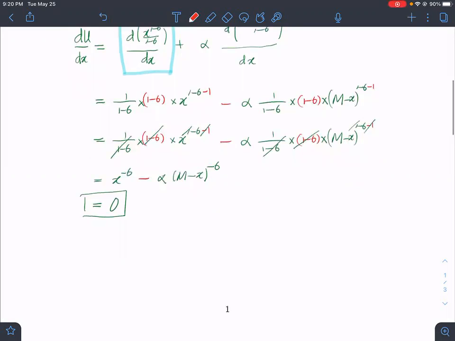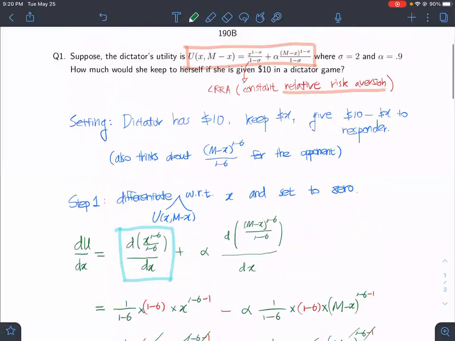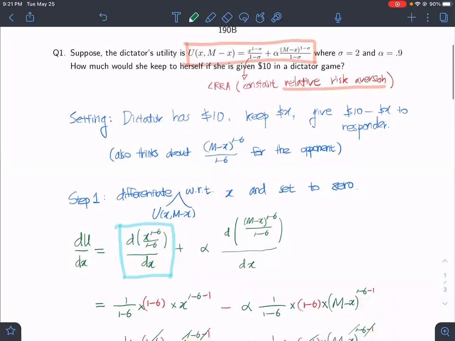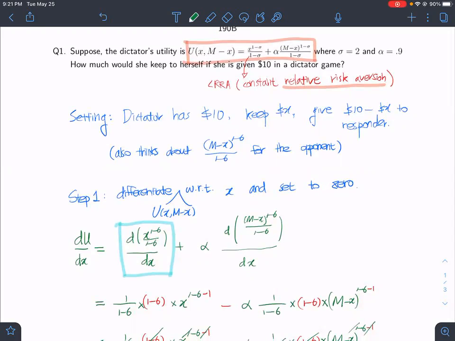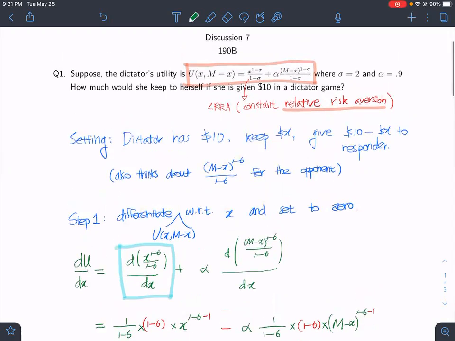Yeah, so we are almost done. If I recommend you step 2, then I would put m equals to 10, alpha equals to, what was it? 0.9. This is a typo. I thought that this should be 0.09.